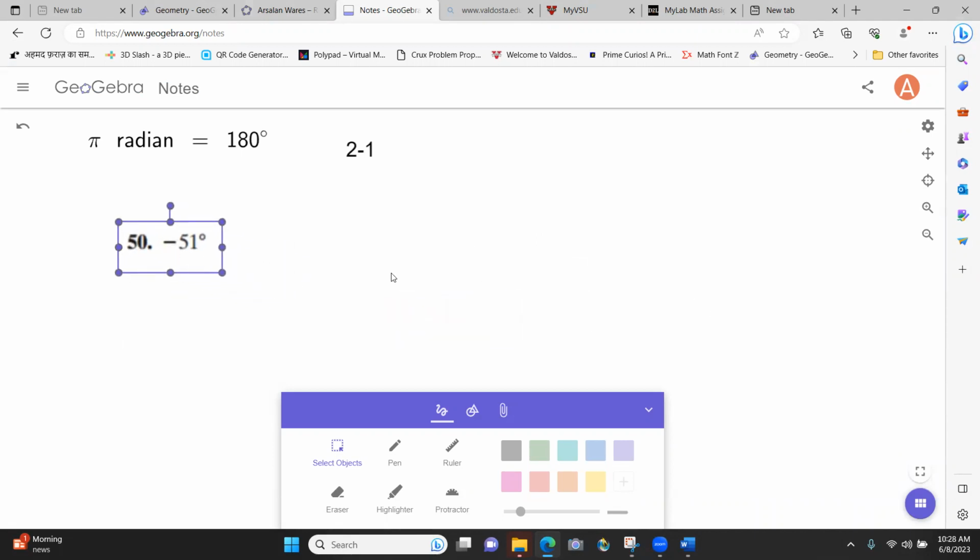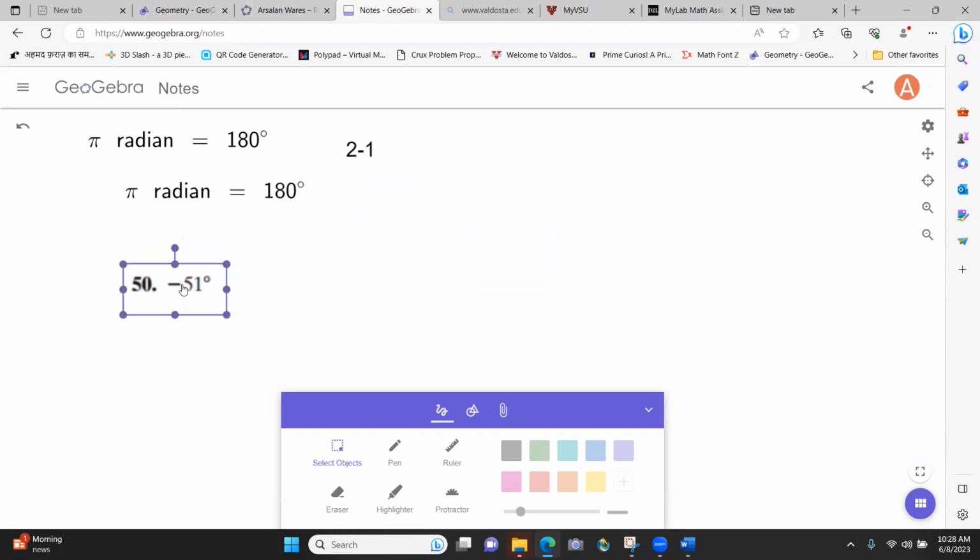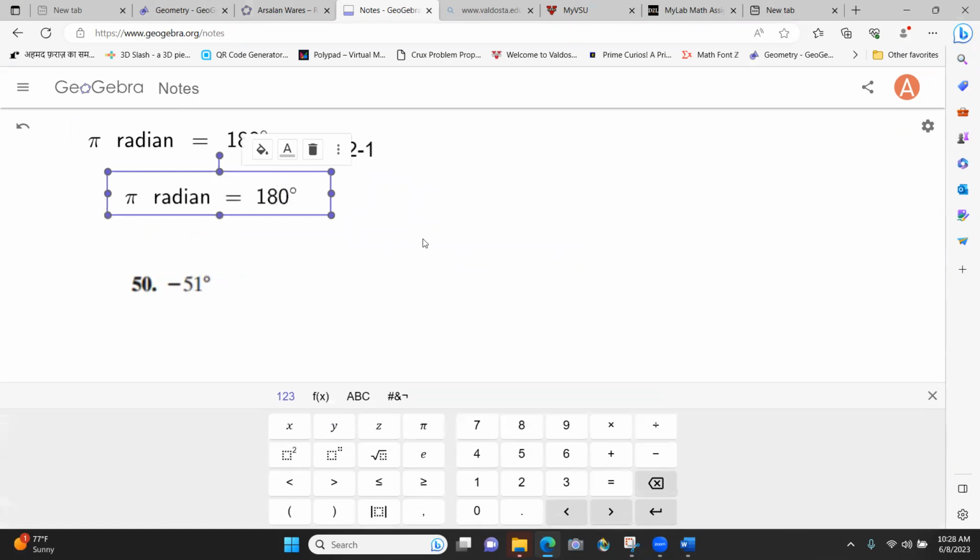All right, so if 180 degrees is equal to pi, based on this, if we divide both sides by 180, it's another relationship you can actually remember. If I divide both sides by 180 degrees, what do I get?